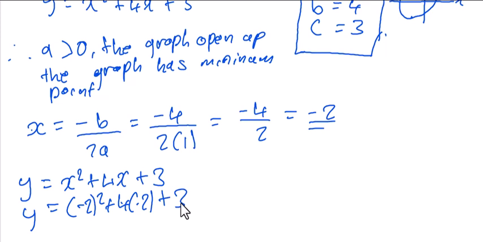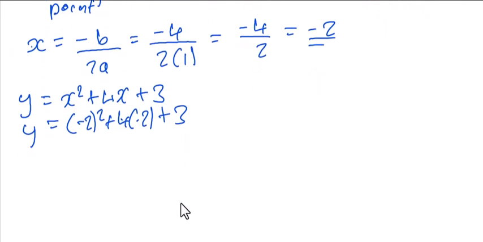Okay, so when we work out this, negative 2 squared is 4, plus negative 8, plus 3.